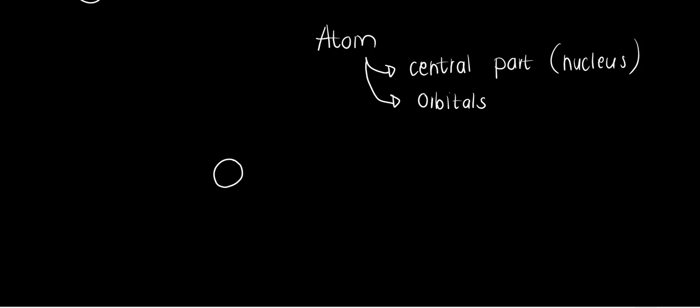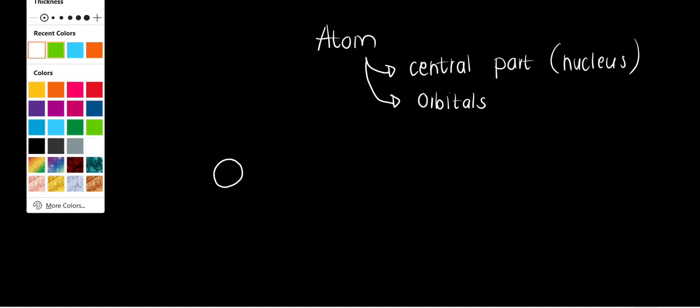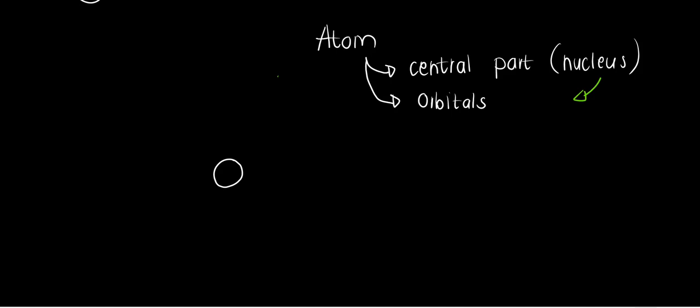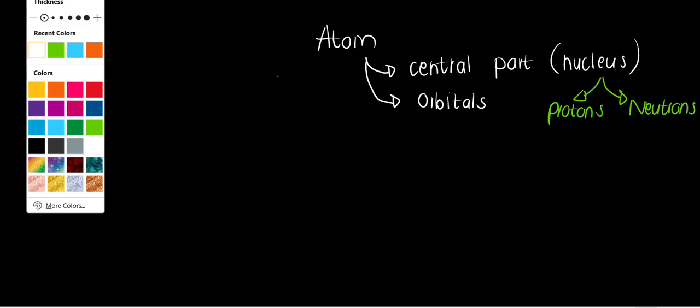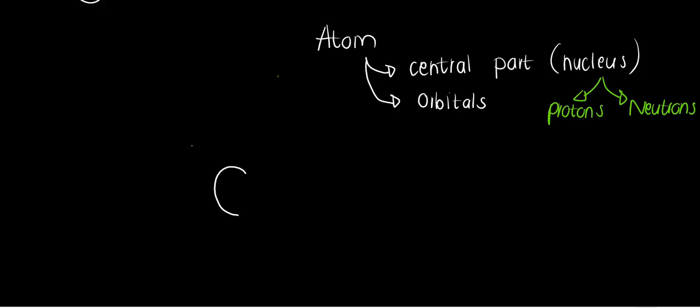Okay. So what is in the nucleus, guys? It is only protons and neutrons. Okay. So I'm just going to make it a bit bigger. So here is the nucleus. I'm only going to write P and N for protons and neutrons.